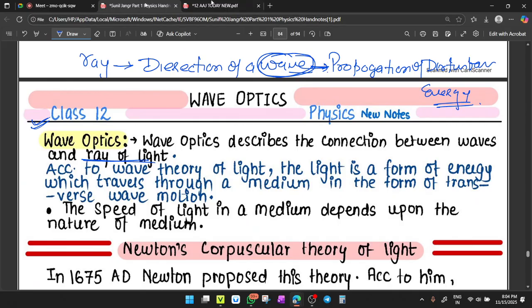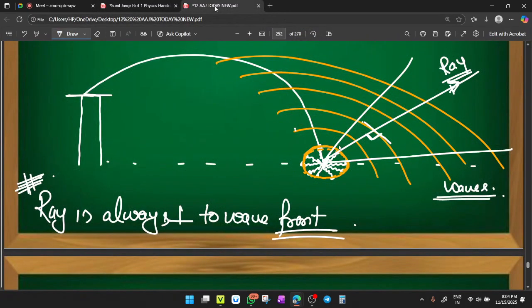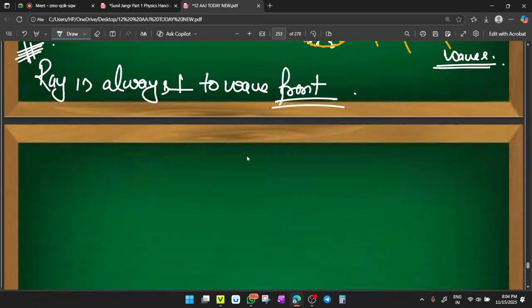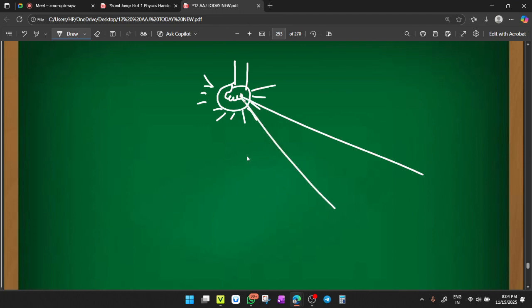So wave optics describes the connection between waves and rays of light. So you see somehow the waves and rays of light are connected. These are the waves and these are the rays of light. Similarly, when a luminous object like a bulb is illuminating, it emits light rays, and the rays go in a spherical way.